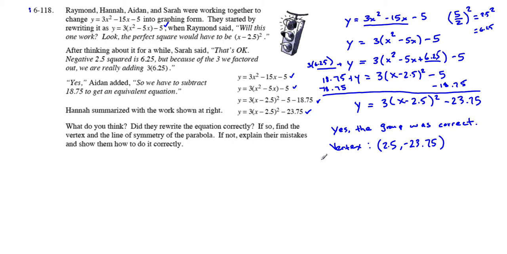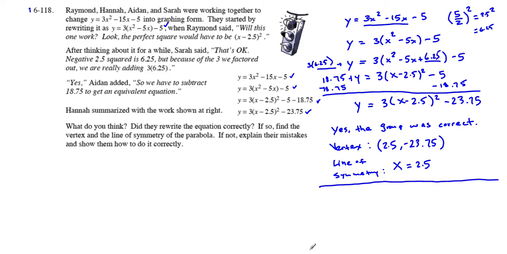Our equation for the line of symmetry, remember, it's an equation, is going to go right through the x-coordinate of the vertex. So you should have x equals 2.5. That should be the answer for you there.